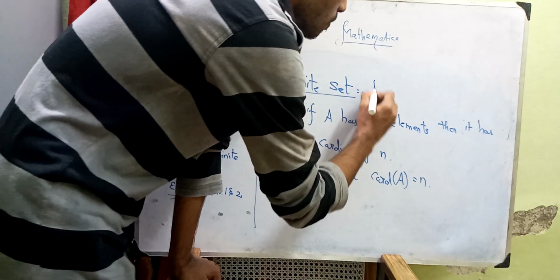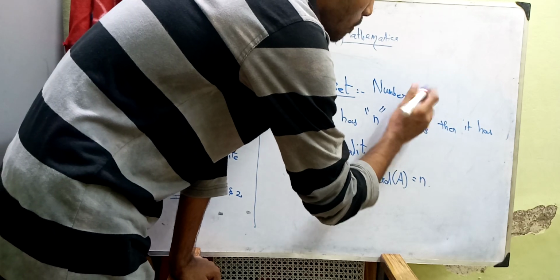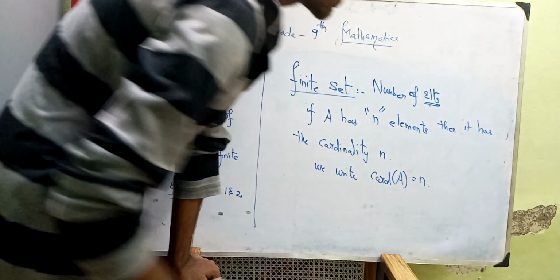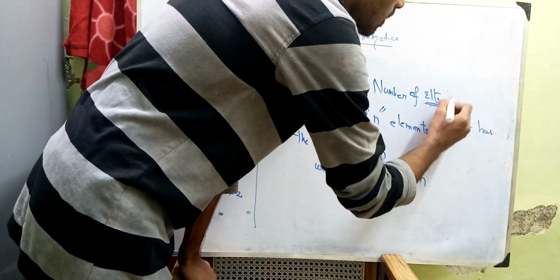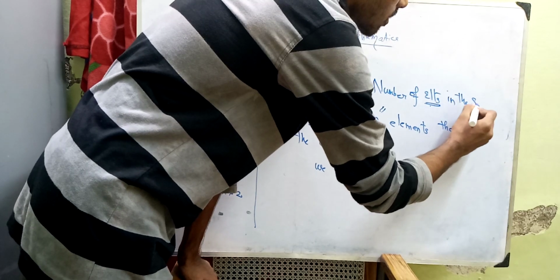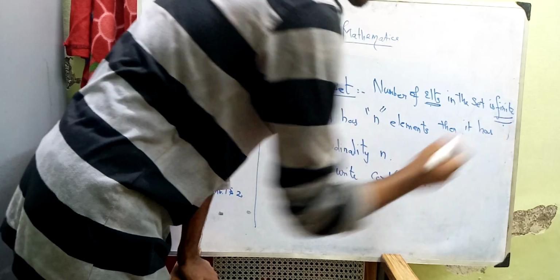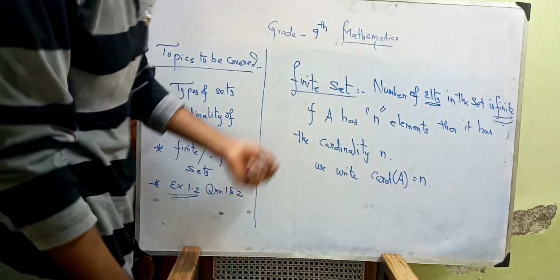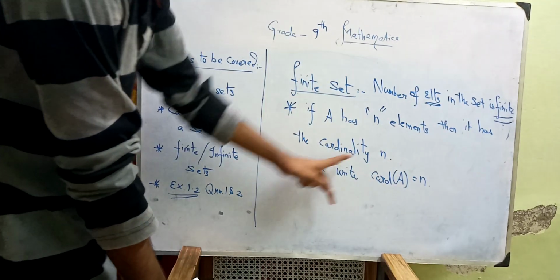The actual definition is that the number of elements, I use ELTS to denote elements, the number of elements in the set is finite. You can describe it in this way or in this manner: if A has n elements, then it has cardinality n.